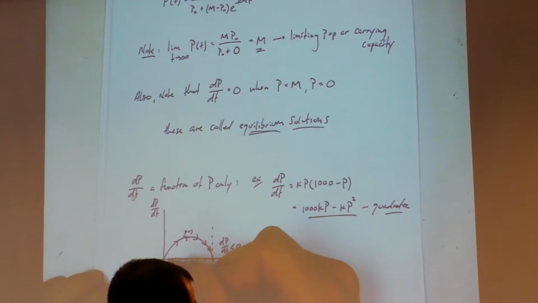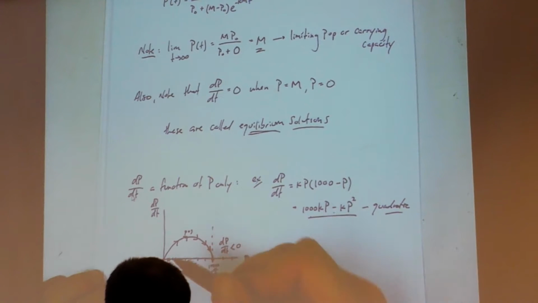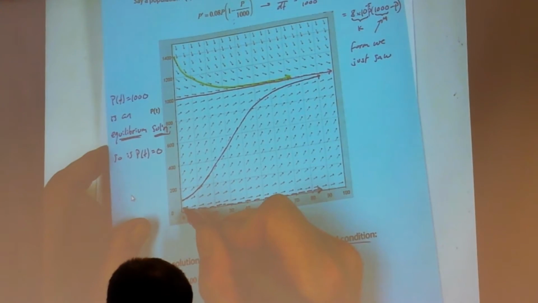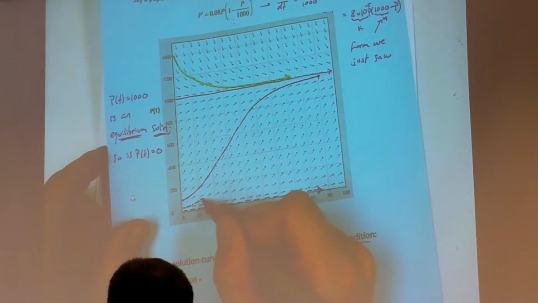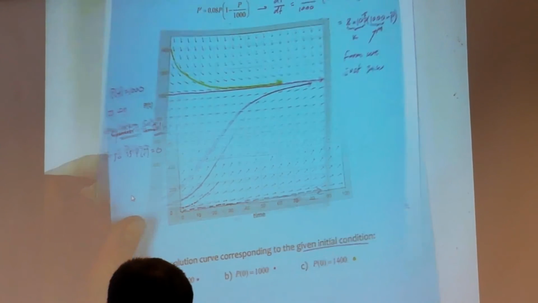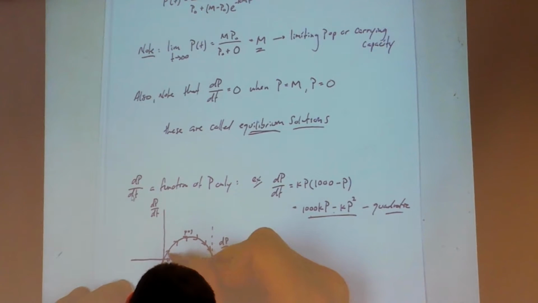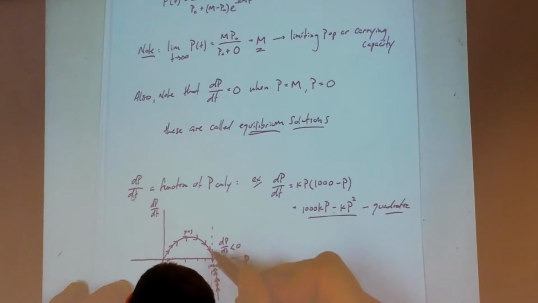But if the population is greater than 0 at all, what did we notice? The population is positive and increasing, which means dp dt is positive. So the population is going away from 0, going towards 1,000.